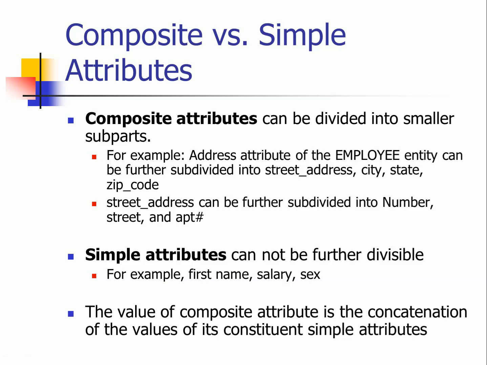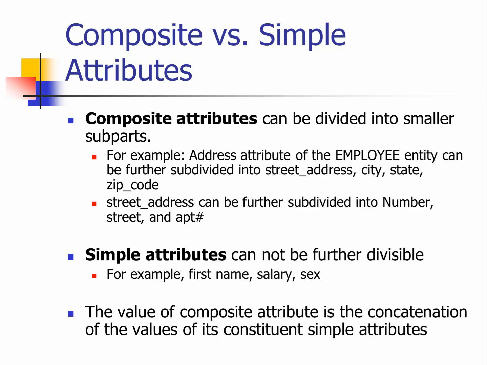So one attribute of the address can be further divided into smaller subparts. When this type of attribute describes an entity we are interested in, we call it a composite attribute. Think about this.